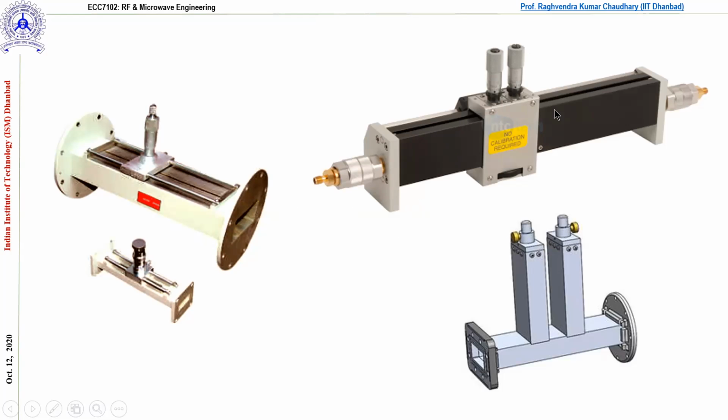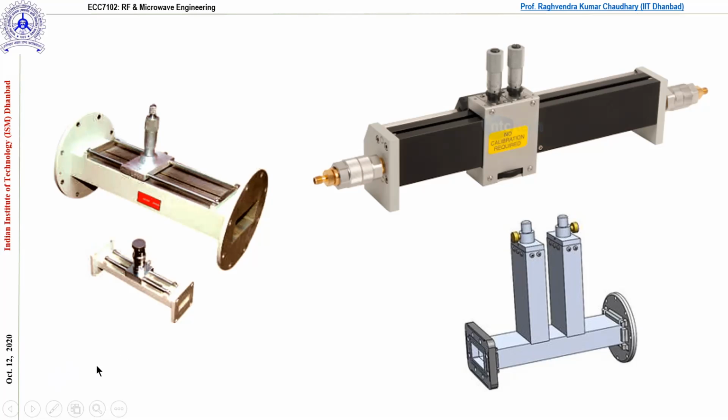This one is waveguide based, and you can find it in the lab also. This one is based on the single stub tuner; this is a double stub, this is a single stub. For teaching purposes in this lab, for handling the experiments, we are using the single stub. However, we can also use double stub matching, which is more precise as compared to the single stub.